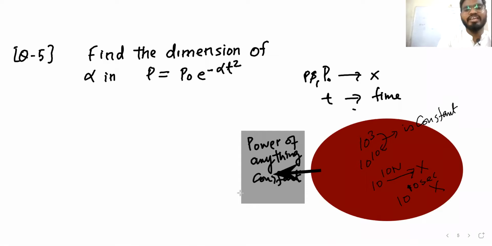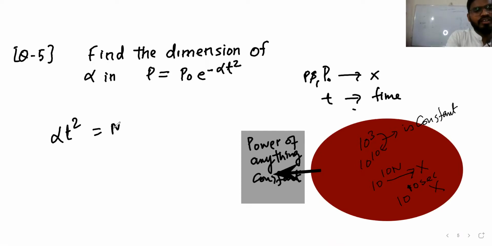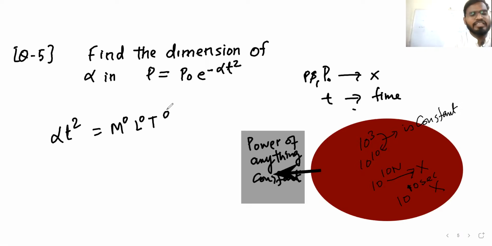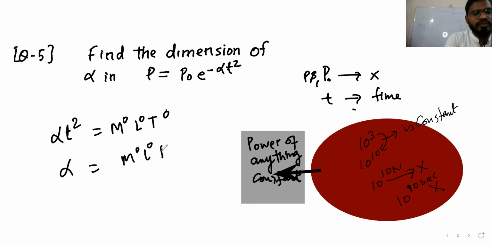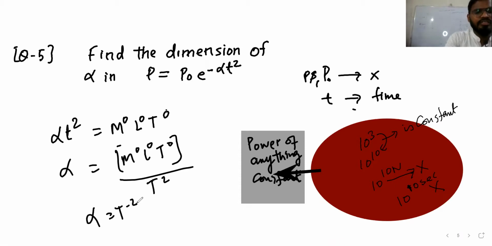Now we can say that alpha t square is M0 L0 T to the power 0, right? Now we can say here that alpha is equal to M0 L0 T0 divided by T squared, so that will go up as T to the power minus 2.